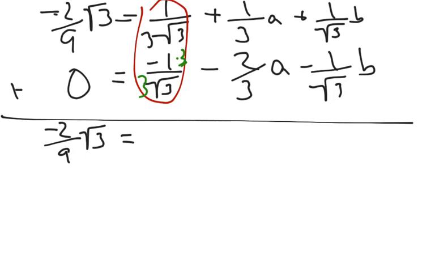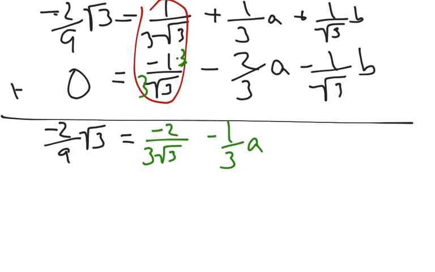And then with that being the case, I'll have 1 minus 3 in the numerator, so that's a negative 2 over 3 root 3 when I combine those together. And then 1/3 minus 2/3 is a negative 1/3 a. And then the b's cancel, of course.